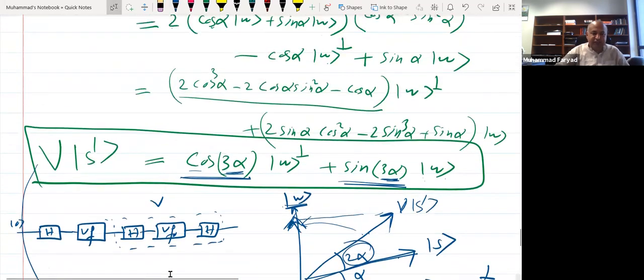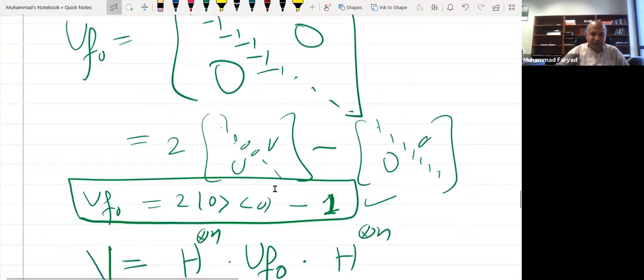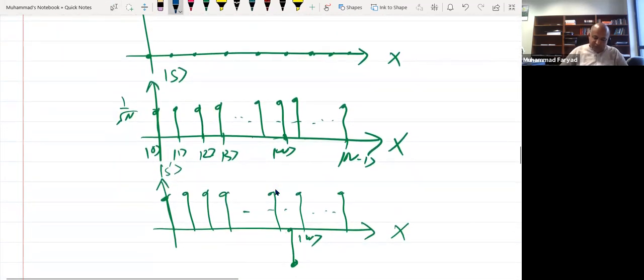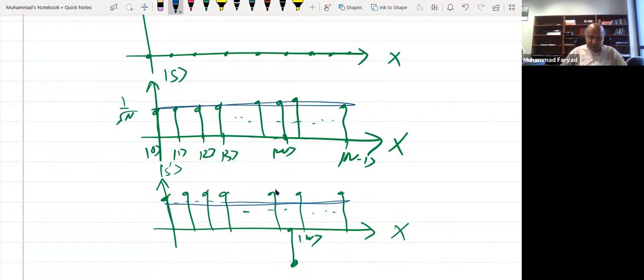because there's another way to visualize this thing, and it is like this. If you look at this UF, it just flips the state so that the average amplitude of all of these states is something like this. So this is the average amplitude of all of these states, because this has become negative. Over here, the average was here, okay?